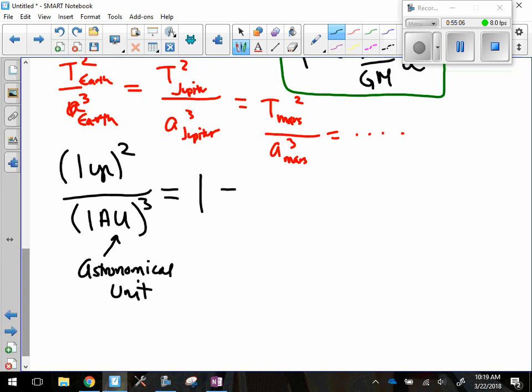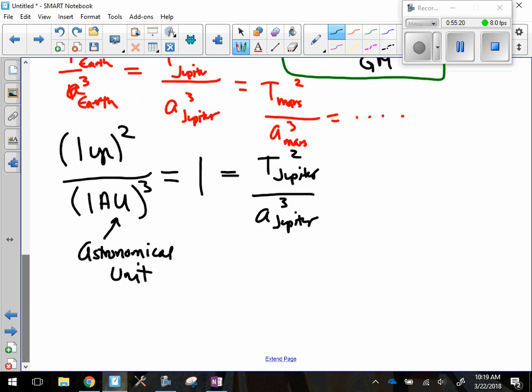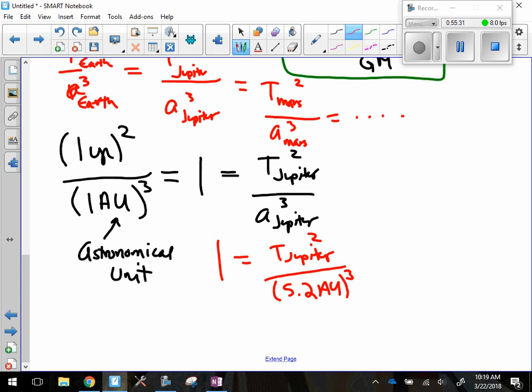So now if I take something like T Jupiter squared divided by A Jupiter cubed, that has to be equal to 1. So for instance, I happen to know, because I'm me, that Jupiter is 5.2 AU from the sun.